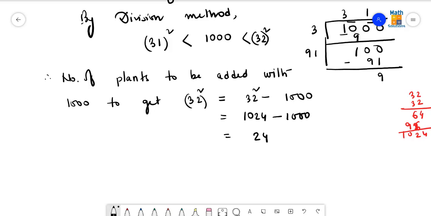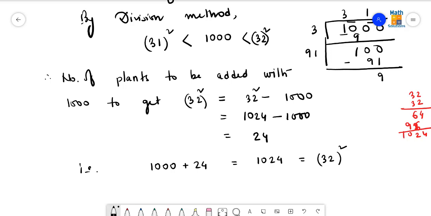Therefore, in other words, 1000 plus 24 is equal to 1024, which is a square number. In this case, number of rows will be equal to number of columns.